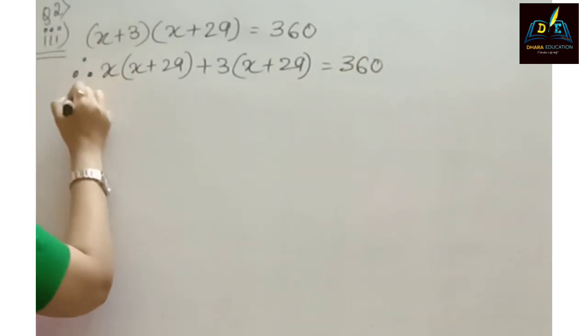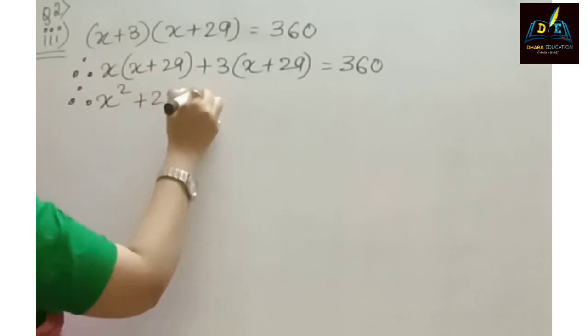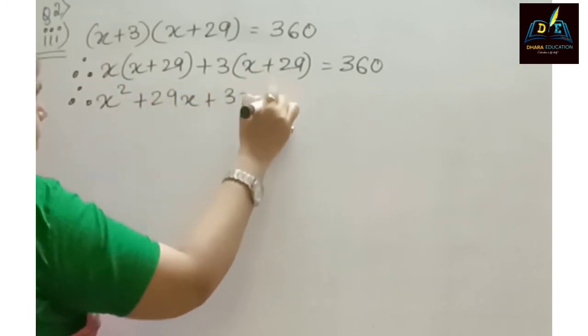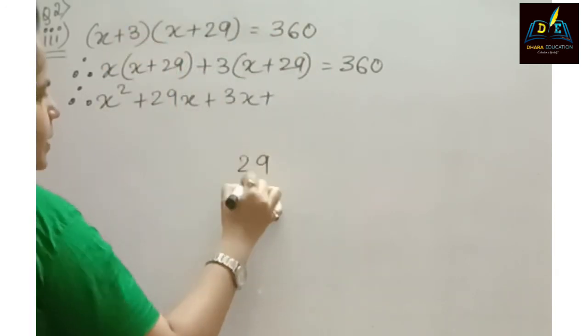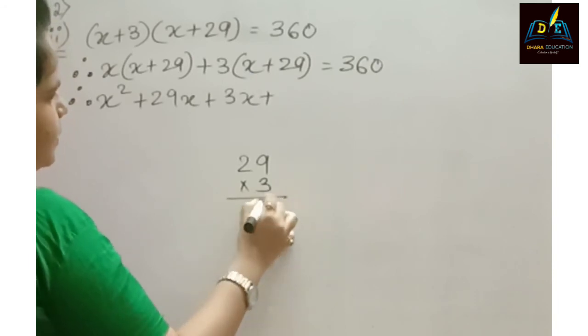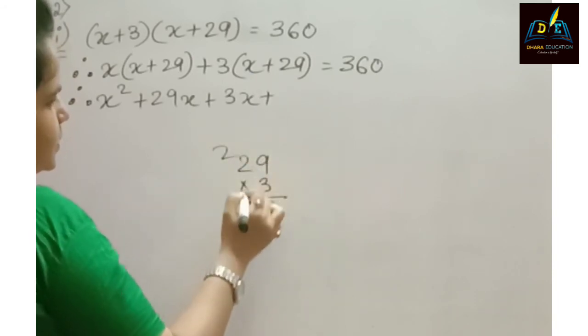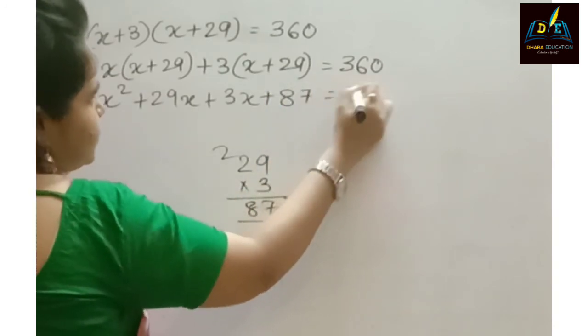Now by multiplying, we will get x square plus 29x plus 3x plus 29 multiplied by 3. How much is 29 multiplied by 3? 87. So 87 is equal to 360.